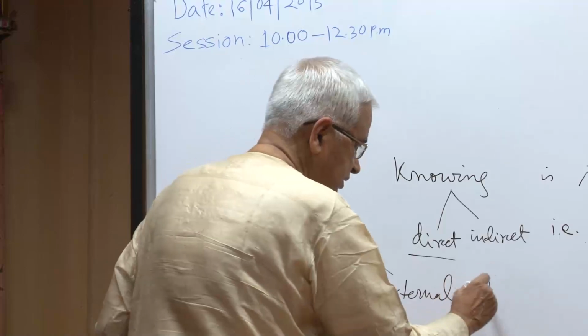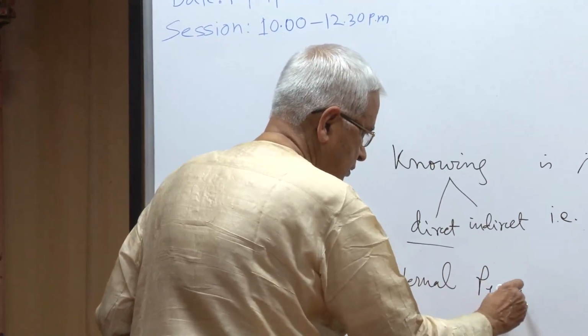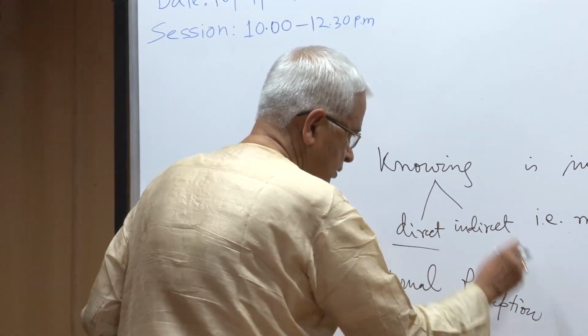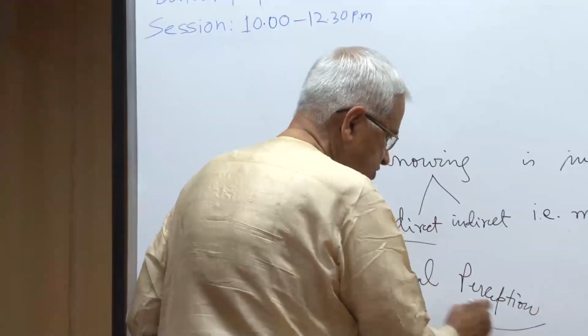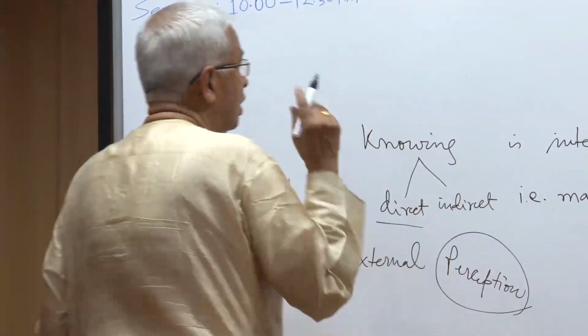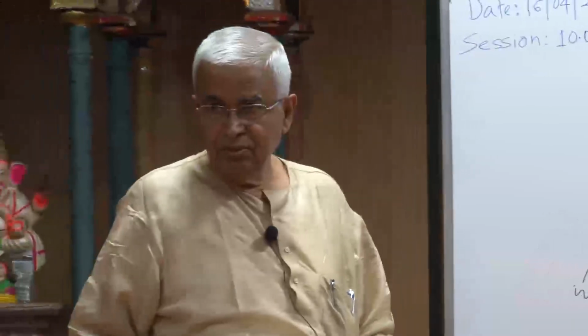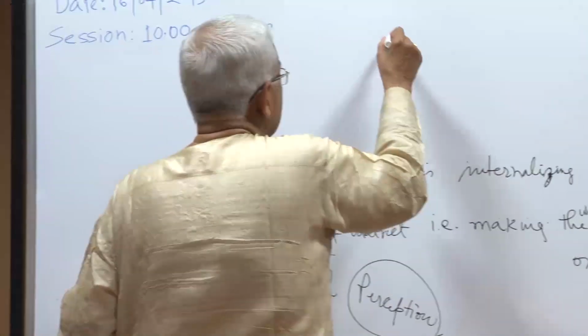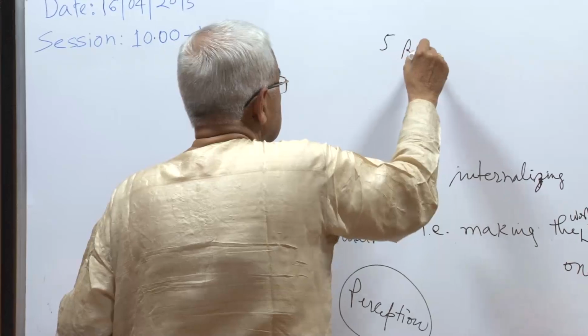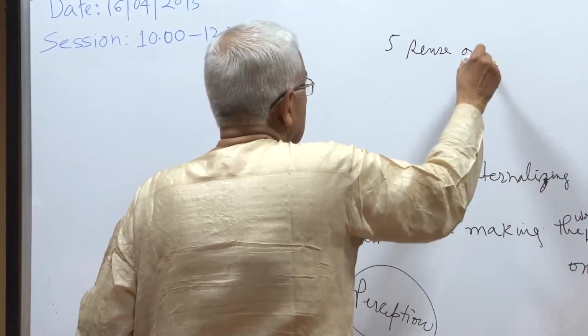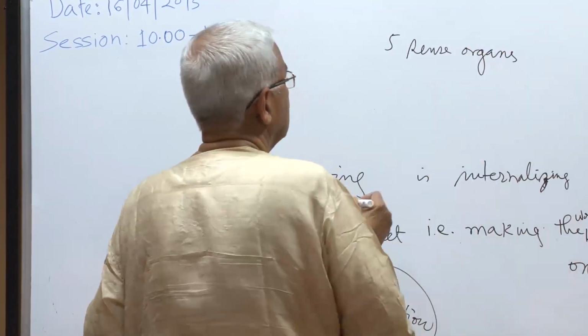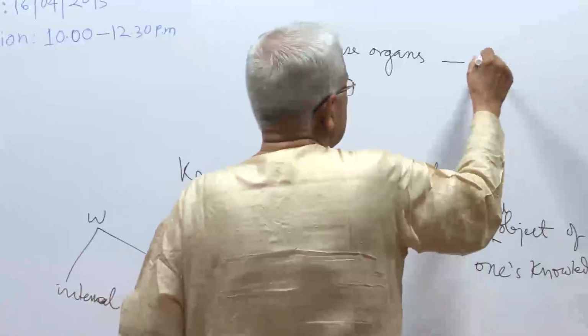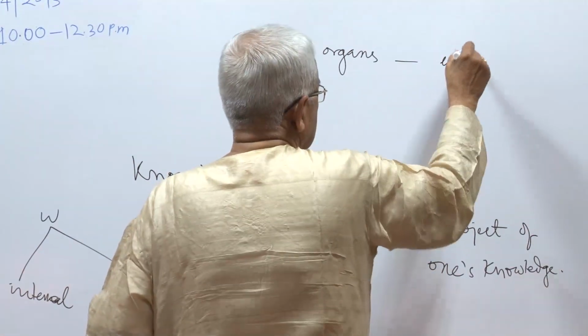Direct is called perception. Now, when it's called perception, we human beings have been programmed like this: we have 5 sense organs, and then there is the world outside, the external world.